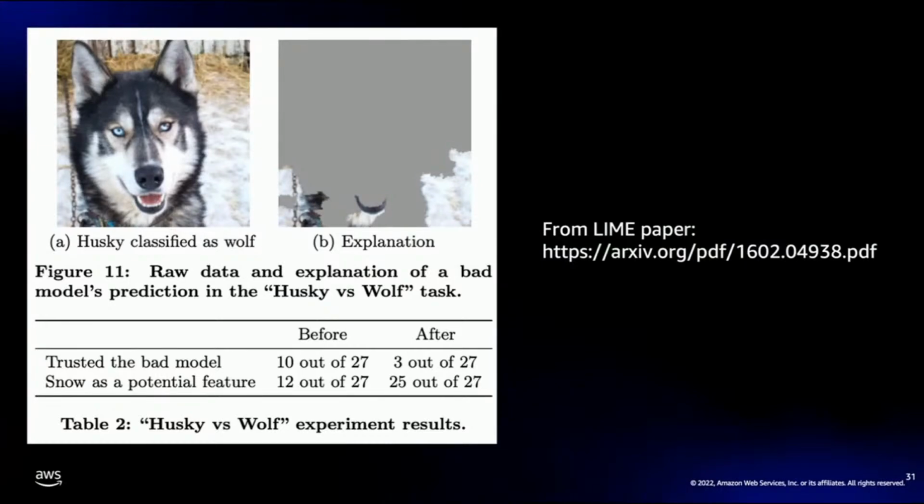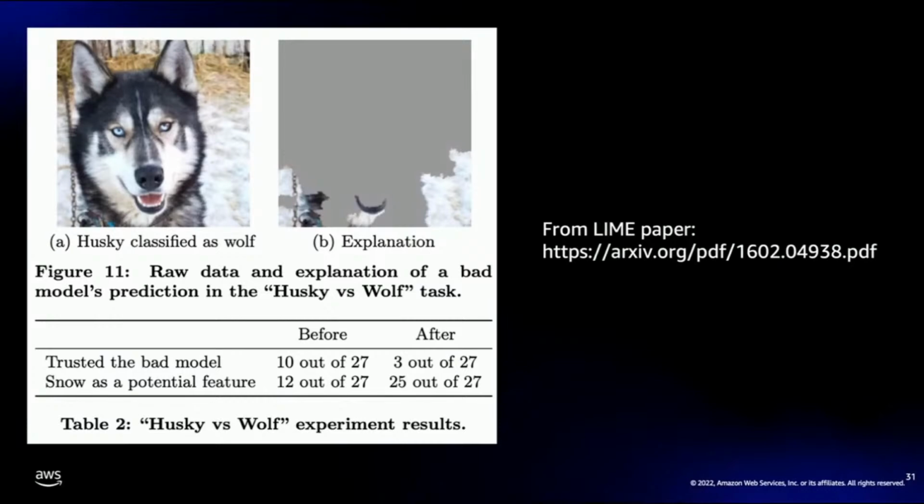And there they've applied it to a model that was attempting to predict and determine whether an image has a husky or a wolf in it. Of course, animals are similar looking to some folks. And so after having built the model, they've produced an explanation, especially if we look at the image shown. Well, here the husky was classified as wolf.